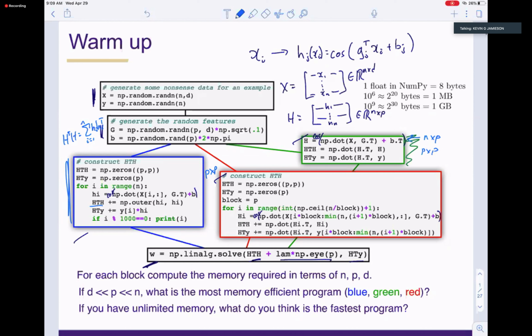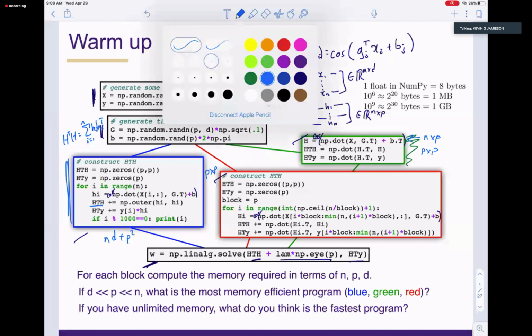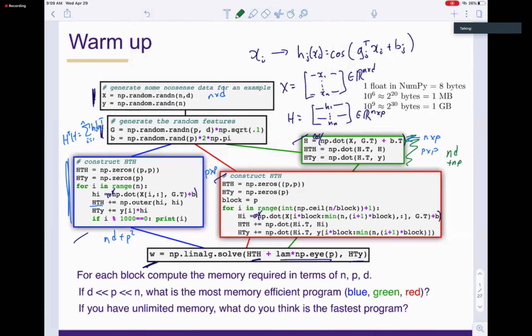All this is ever using in memory is X, which is n by d. So the total amount of memory on this side is nd plus P squared, whereas if we do the green, we're doing something like nd plus nP plus P squared.